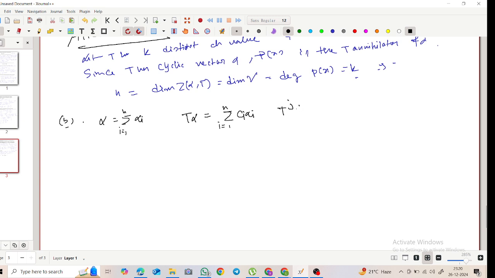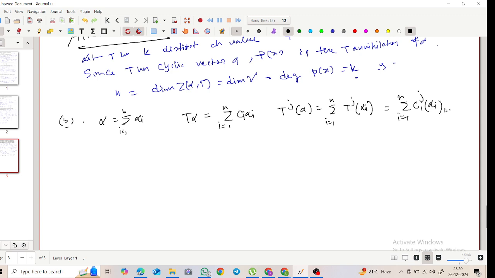And you know very well that you apply T to the power j on alpha, so you get summation i running from 1 to n T to the power j alpha i, which will be nothing but ci to the power j alpha i.